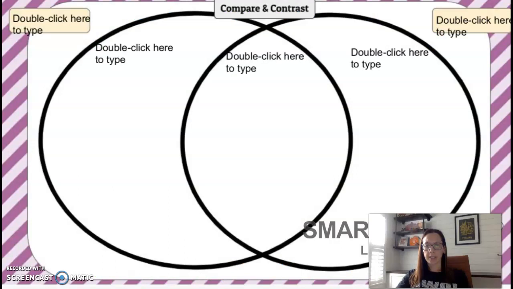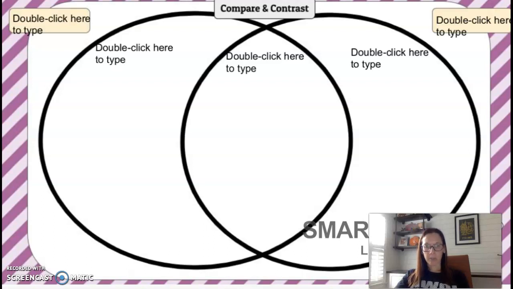All right, now moving on to what you are going to be doing for today. This is going to be in Google Classroom, so you don't need to worry about doing it on paper. It's going to be there for you as a Google slide, and you will be able to type in the circles. So on one side, it's going to be for the book, Fly Away Home. On the opposite side, for differences, it's going to be the book, Each Kindness.